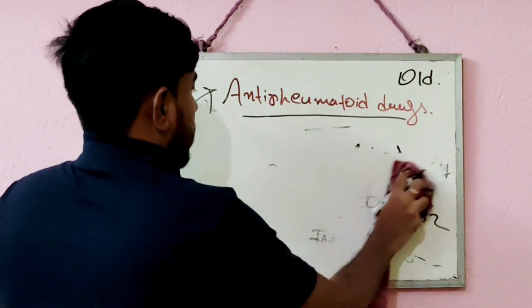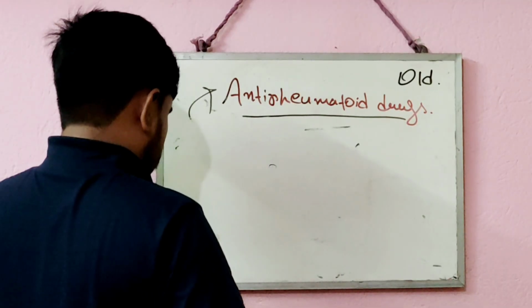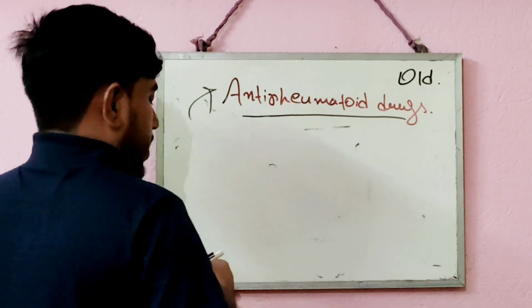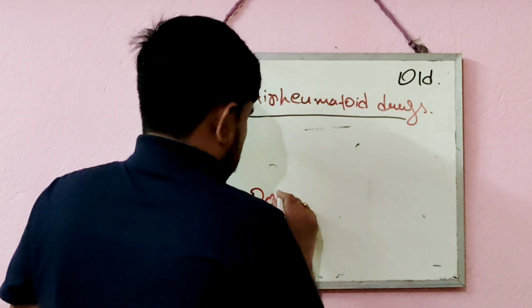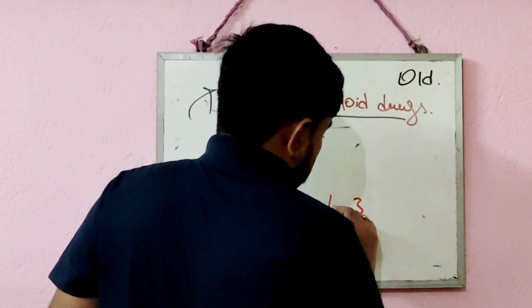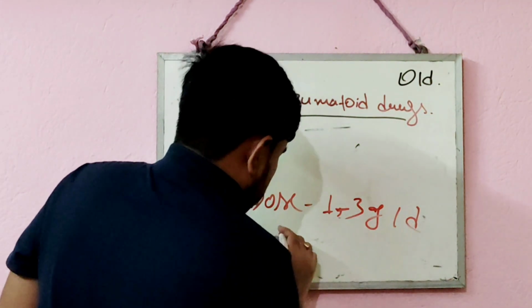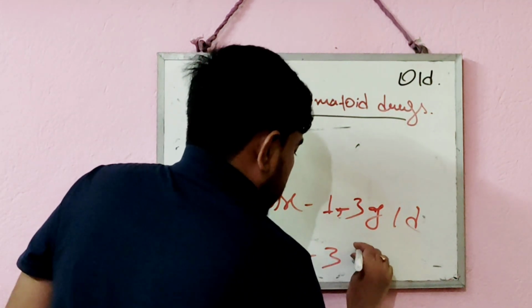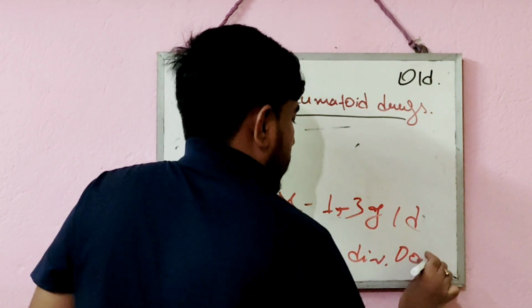The dose of sulfasalazine consumed per day to treat arthritis is only 1 to 3 gram per day, in 2 to 3 divided doses per day.